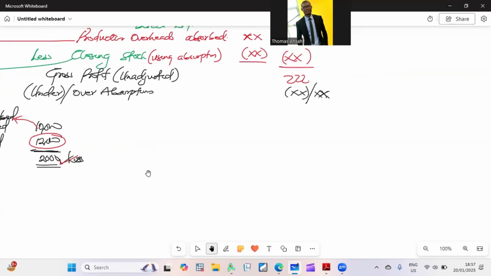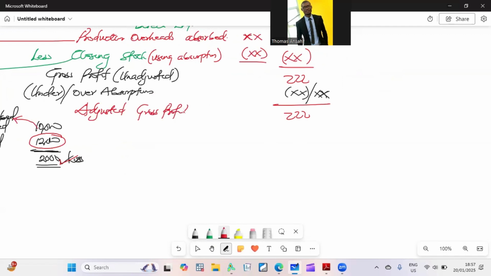And so when you get this one, you will now get your adjusted gross profit proper. So you have here adjusted gross profit. Gross profit. All right. Now, after you have done that, then you are going to less your non-production expenses.